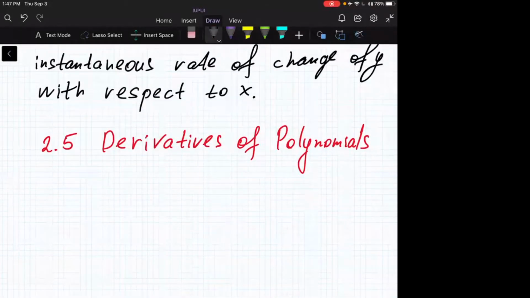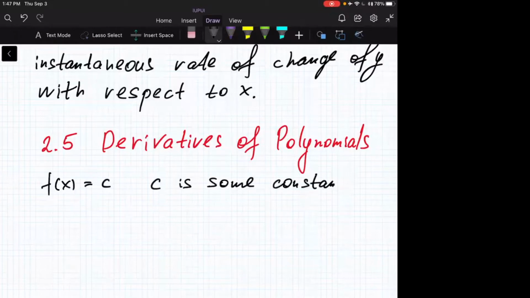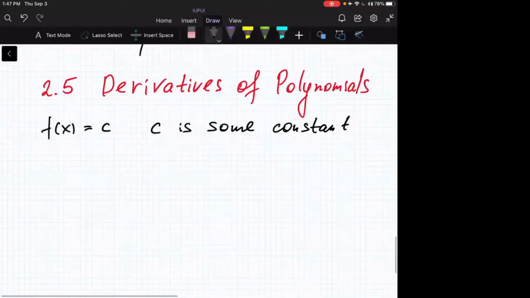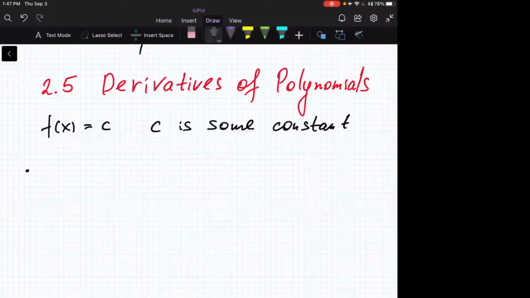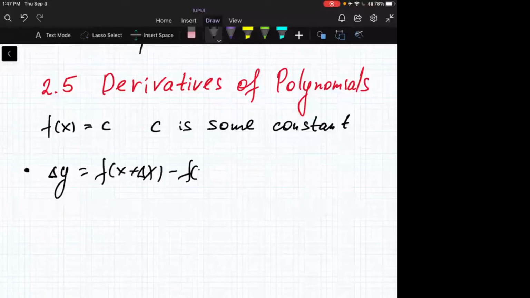Okay, let's start with a very simple function. f of x equals c, where c is a constant. What can we say about the derivative of such a function? So let's recall what the steps are. First, we need to calculate delta y, which is f of x plus delta x minus f of x. But this function doesn't depend on x, so it is just c in the first case and c in the second case.